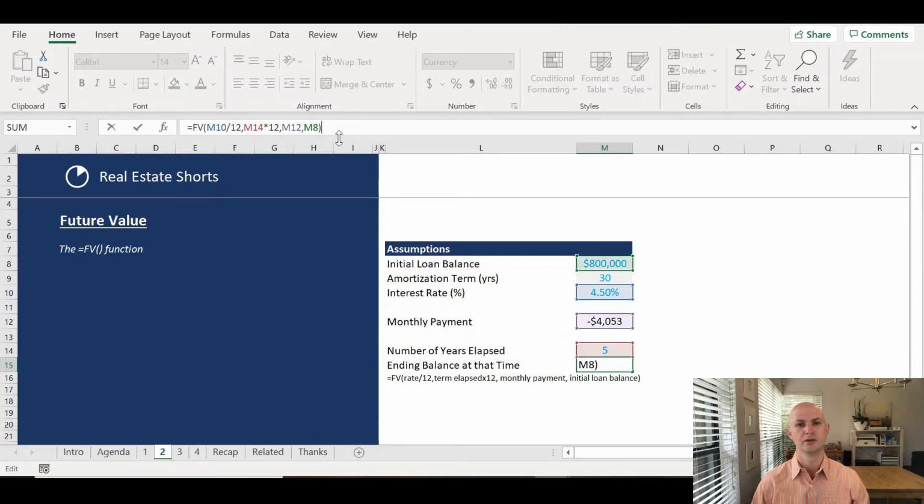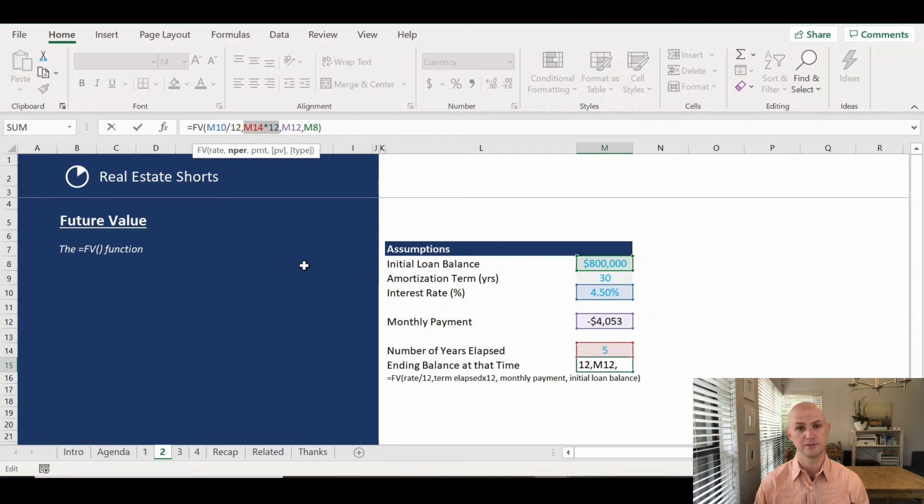So FV, and then we go through the same mechanics. What's the interest rate divided by 12? What's the term? Now this is an important point to keep in mind. The term in this case is a reference to how many periods have elapsed, how much time has gone by, how far into the future you want to go.